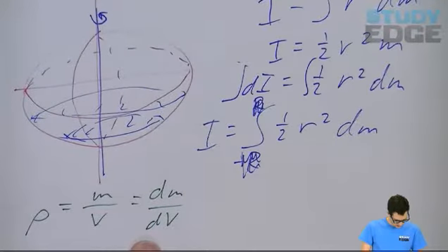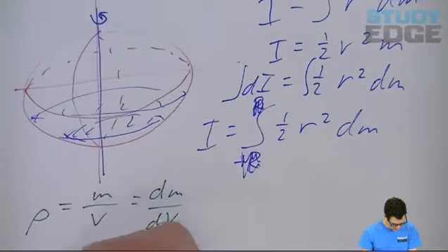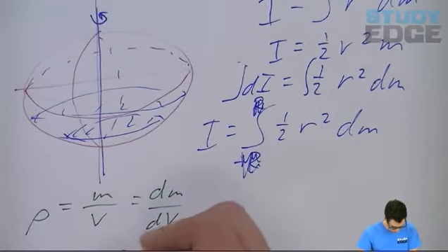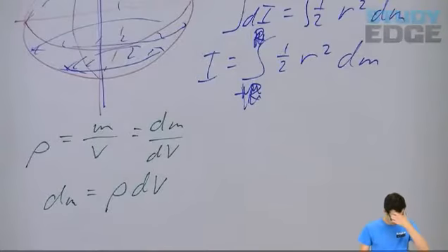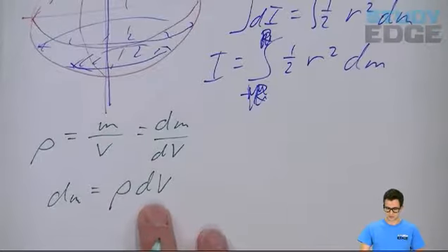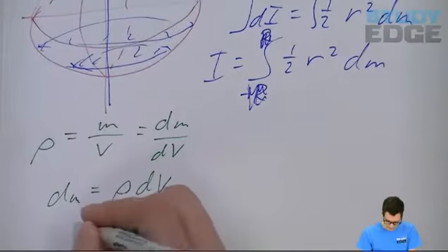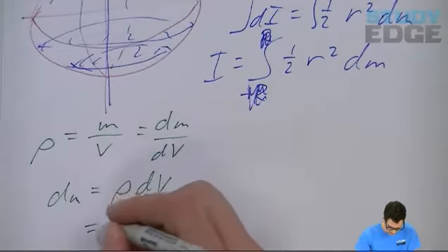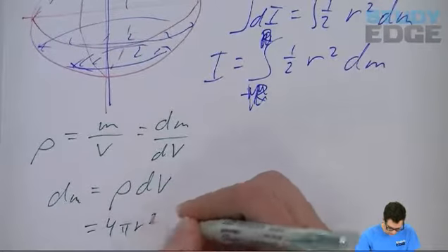So dm is equal to rho dV. And since the volume of a sphere is 4/3 pi r cubed, the derivative of the volume will be 4 pi r squared.